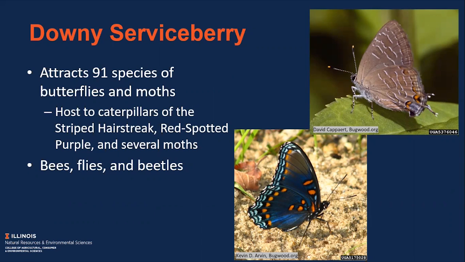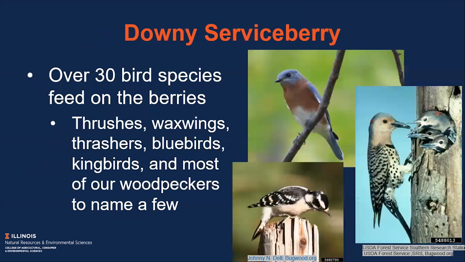A couple examples here: the striped hairstreak in the top right and the red-spotted purple just below, and several moths, in addition to quite a few bees, flies, and beetles that are going to be nectaring and using that plant. There are over 30 bird species that feed on the berries, including the eastern bluebird, red-bellied woodpecker, and downy woodpecker, among others.